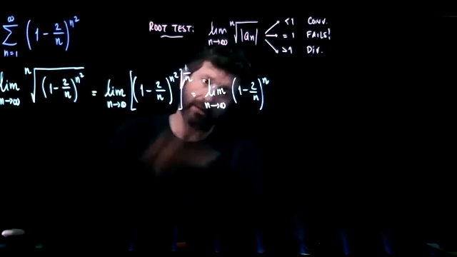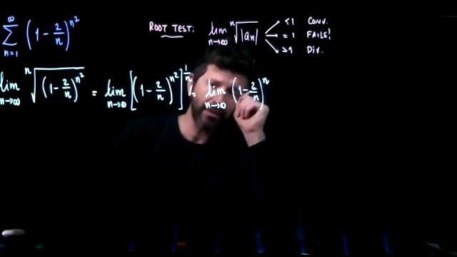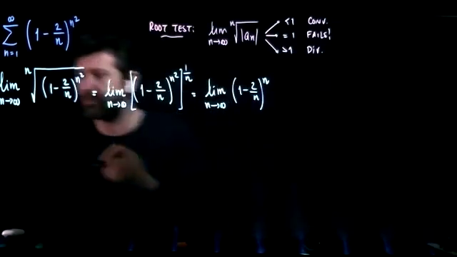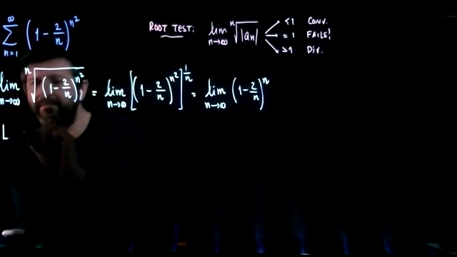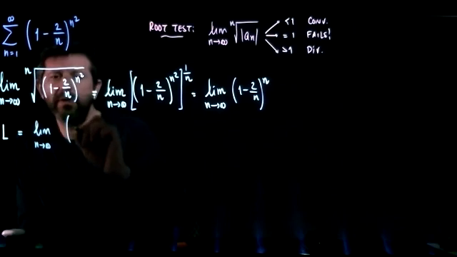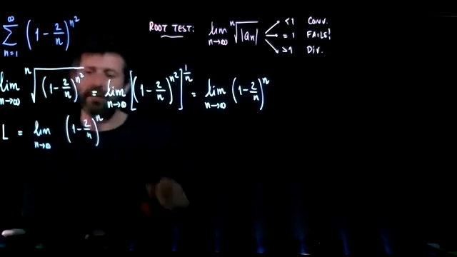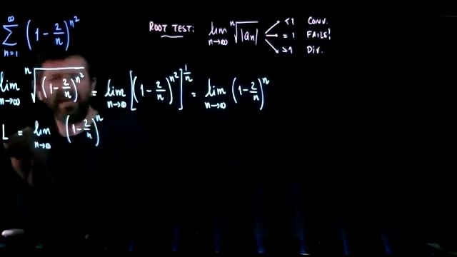Yeah. I can't use it right away. I have to do some manipulations, right? Do we take ln of both sides? Very good. Okay, so let's call this limit L, the limit as n approaches infinity of 1 minus 2 over n to the power n. And then if you remember, we took ln on each side.